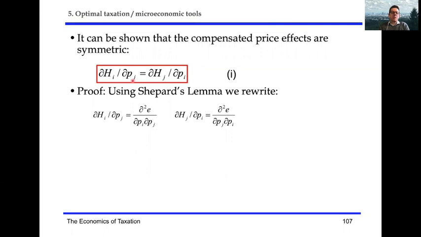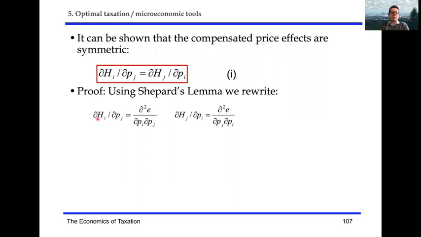Now, from Shephard's lemma, we know that the demand for good i can be expressed as the derivative of the expenditure function with respect to its own price. So let's go down here and rewrite h as exactly that derivative, the derivative of the expenditure function with respect to its own price. Now, clearly, on the left-hand side, there is another derivative.